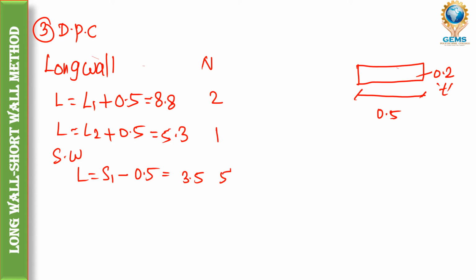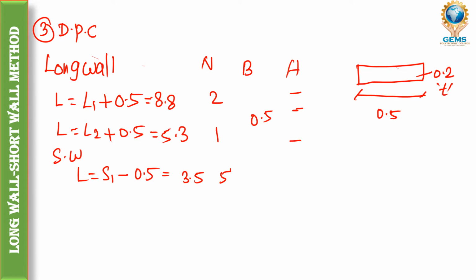Then the length we have found, then the breadth. Breadth is 0.5 for everything. For DPC we need not consider the height, because it is a minimum value, 0.2.